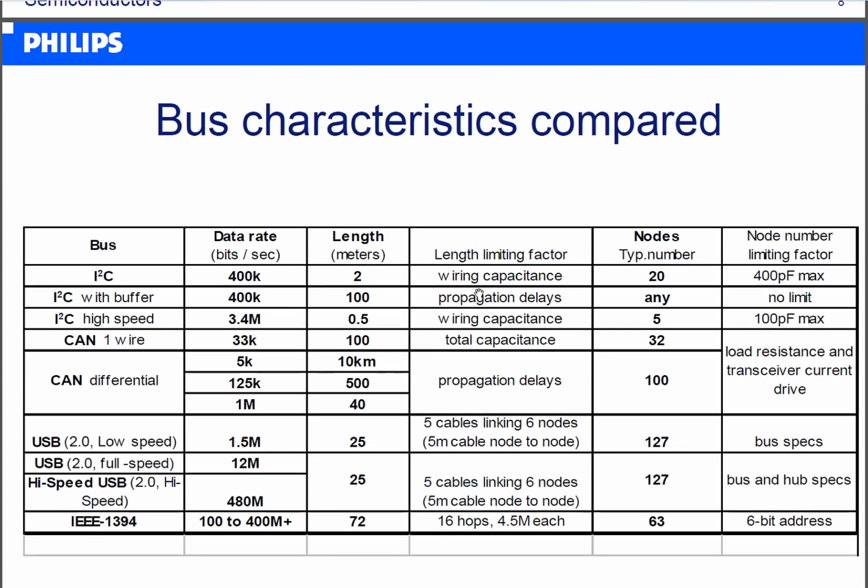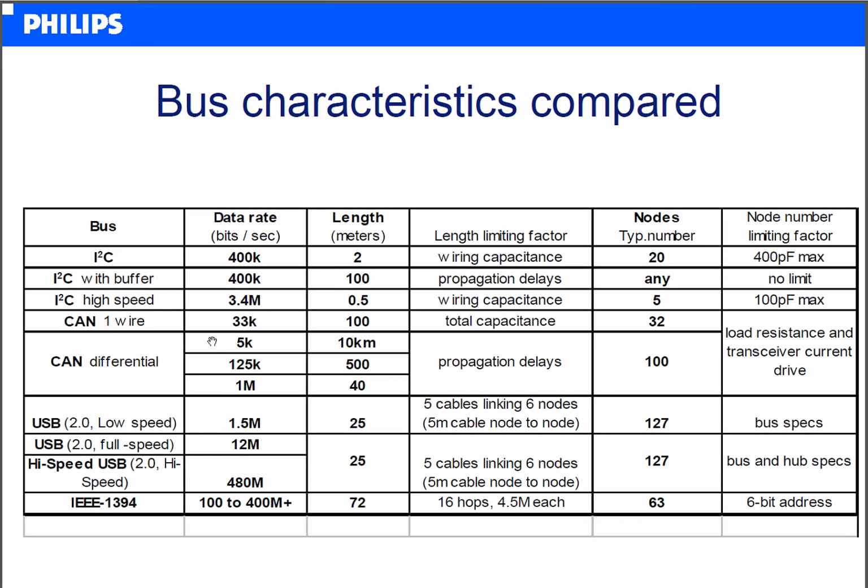Here again we'll look at the data rates, but also at putting some numbers on the length of the wires that we can have, and also the number of nodes that can be. So yeah, we see some different numbers of nodes that the different protocols can support. CAN being able to support 100 nodes with the CAN differential.